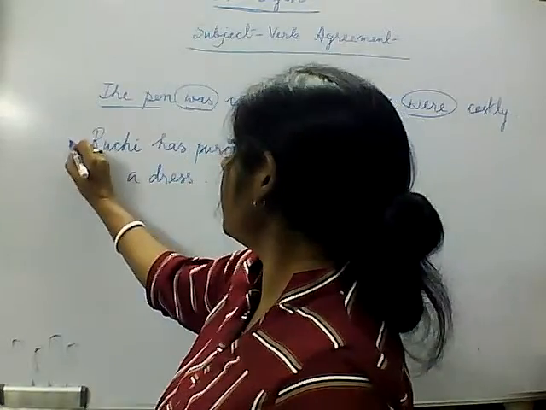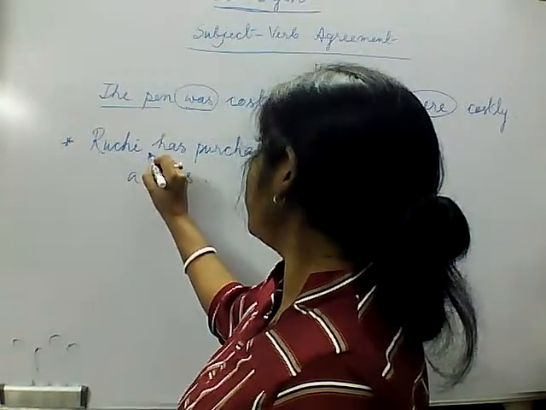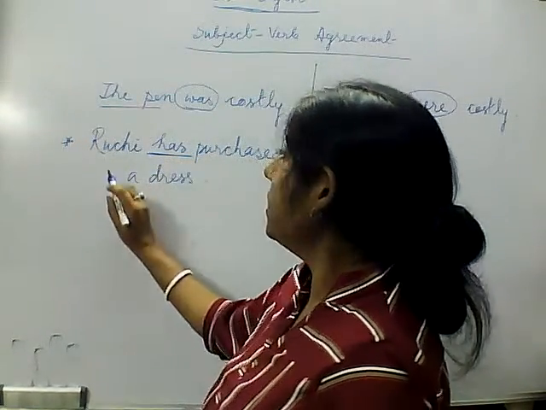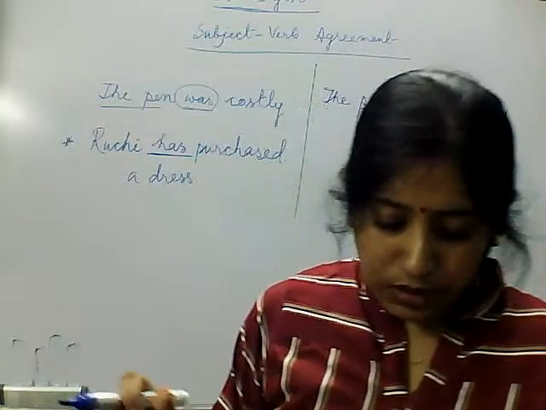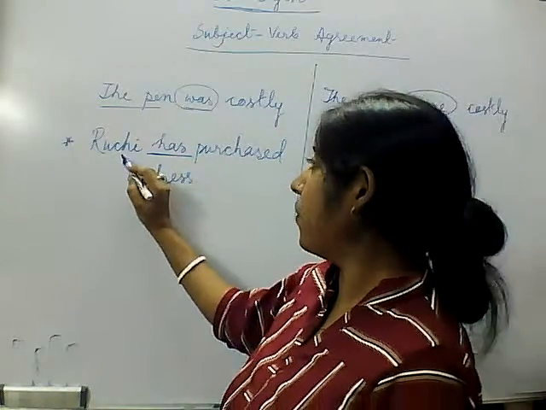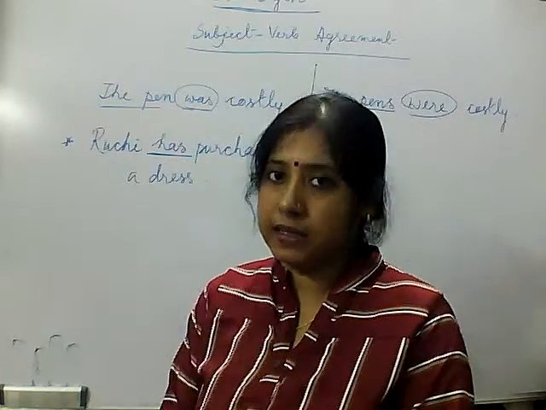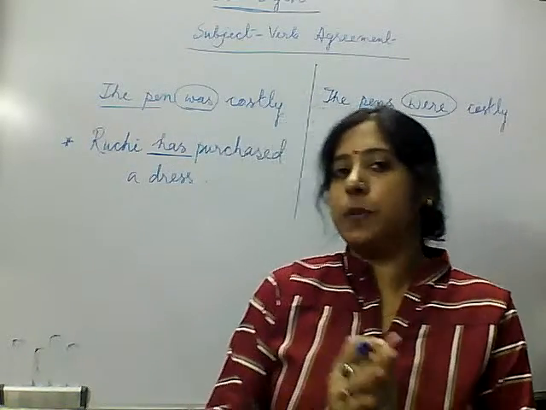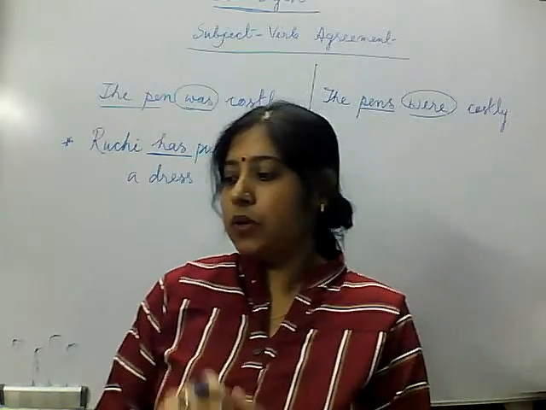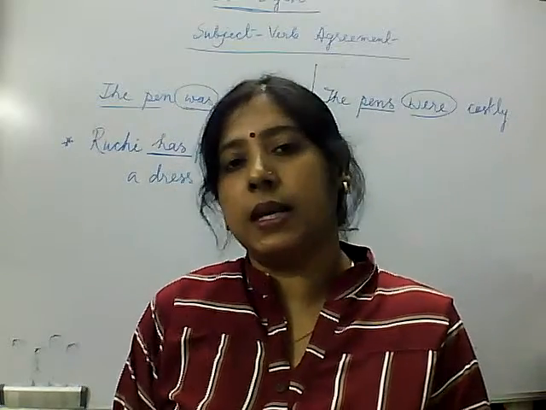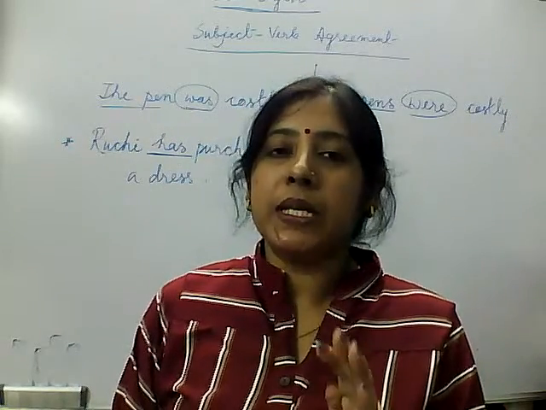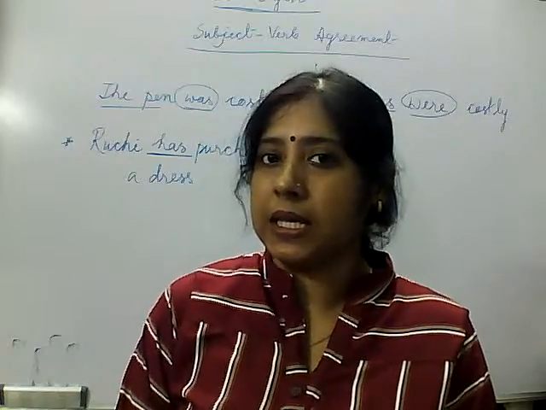Okay, I have given one example here, and here I have used has. It is in the perfect tense, present perfect tense. If I use present perfect tense, of course, singular will be has. Okay, if it is a person or a thing, if it is singular, then the verb will also be singular. In this one, present perfect tense, we are using has.